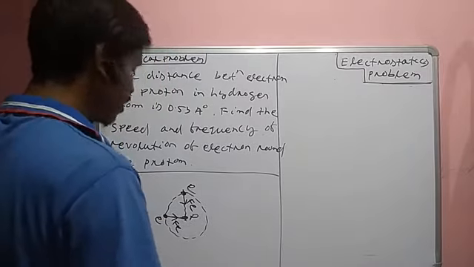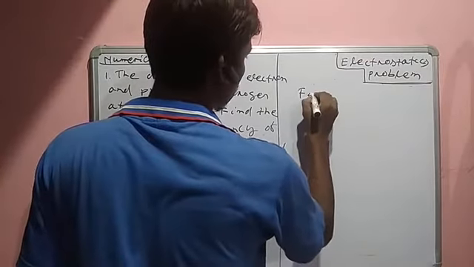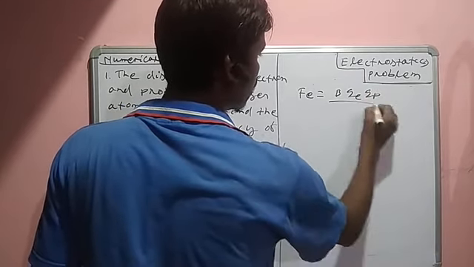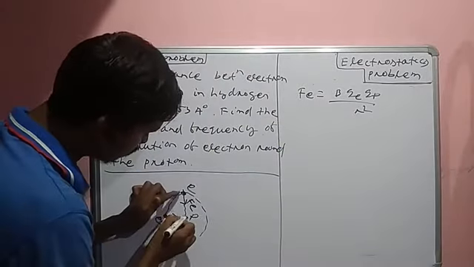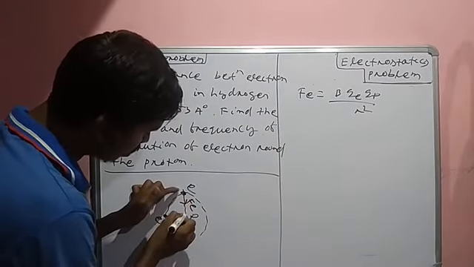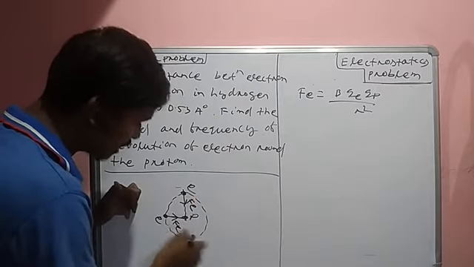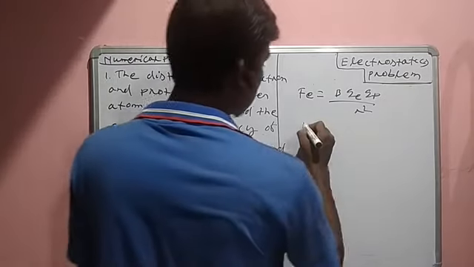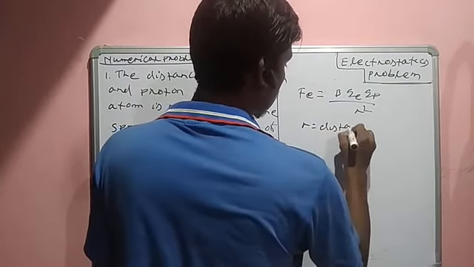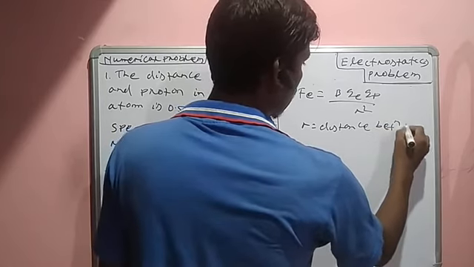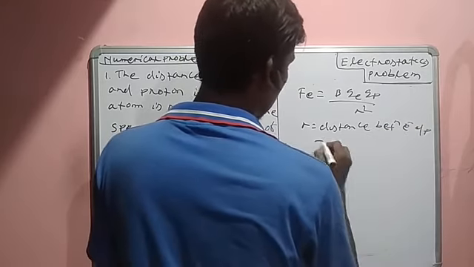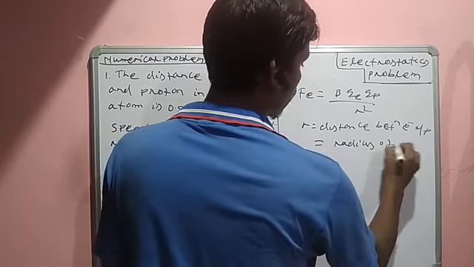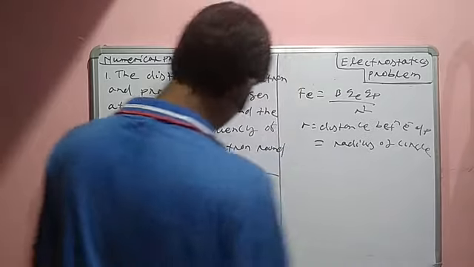Such electrostatic force is what? Beta QE QP by R square. R means the distance between the electron and proton. Whenever the electron is moving in a circular path, that distance is the radius of the circular path.